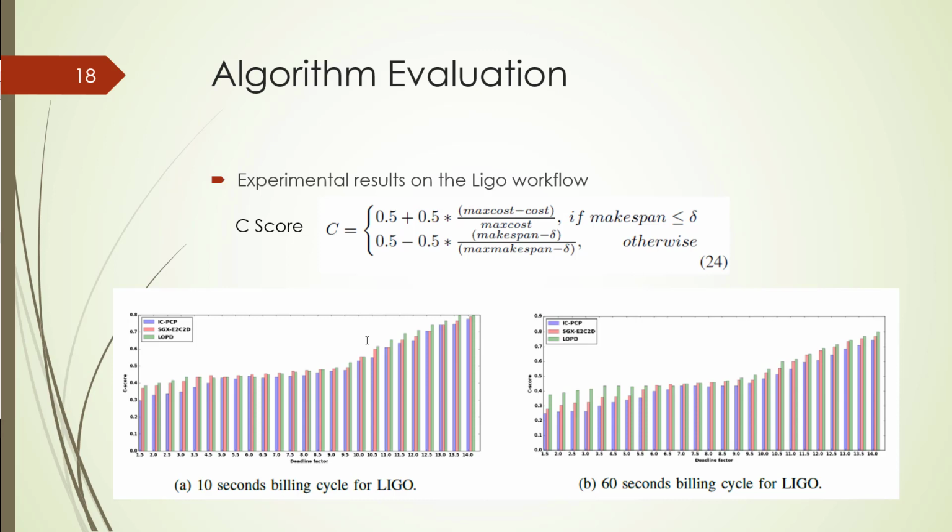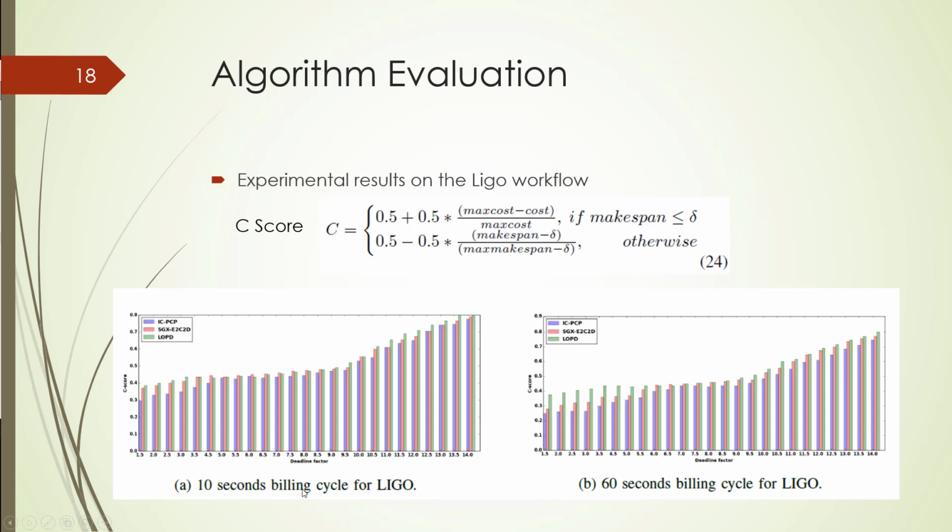Otherwise, if it is more than the sigma, the C-score should be less, so it will be half minus half times the makespan minus the sigma. It means the farther we are from the sigma, the worse it will be. So the maximum makespan minus sigma again.